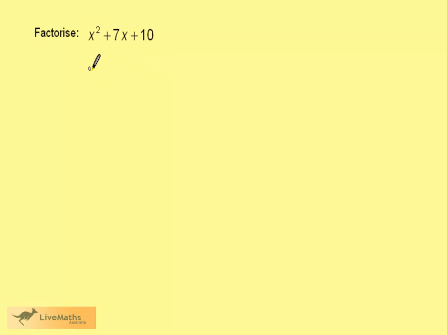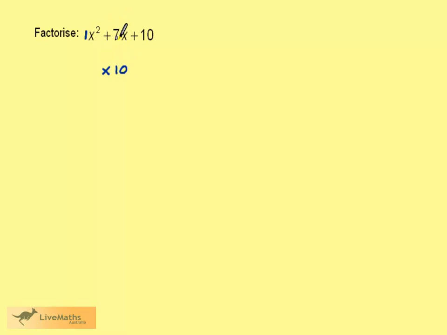So for our first technique, we first need to realize that we have a 1 in front of this x squared that we don't normally write. We do 1 times 10, and we look for two numbers which multiply to give 10.